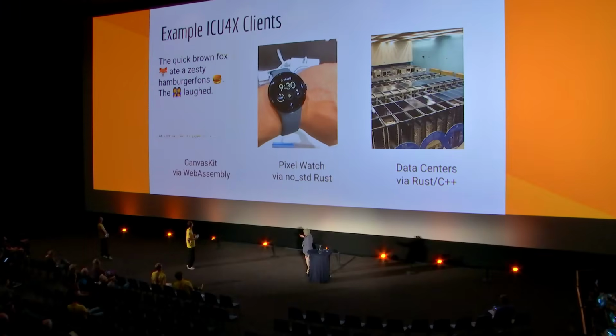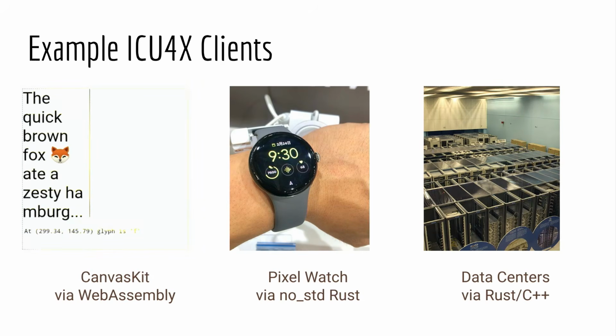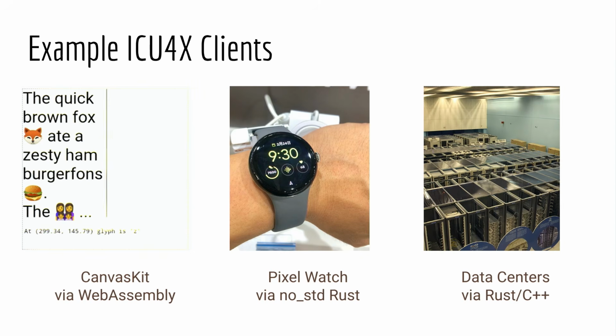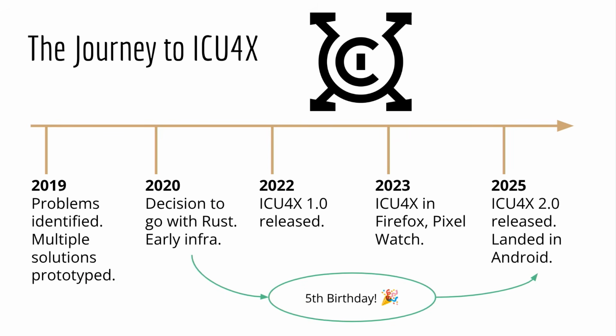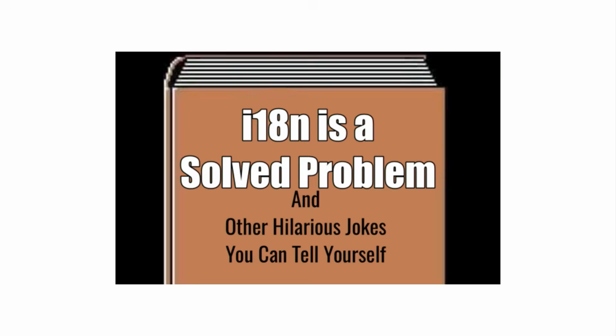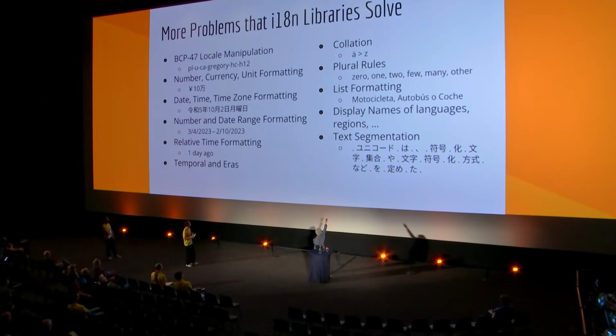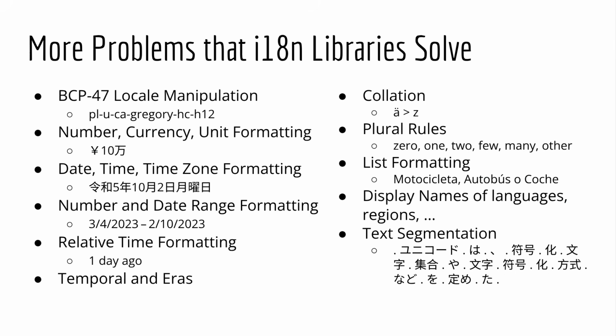It has to figure out when and where to break the words. In a language that has spaces to separate words, you just look for the spaces. But on one of these slides, maybe the previous one, I have examples of, for example, Japanese text on the bottom right. There are no spaces. You have to figure out where the word breaks are, and this is where we need an internationalization library to solve that problem. Exactly. Nice. Amazing.